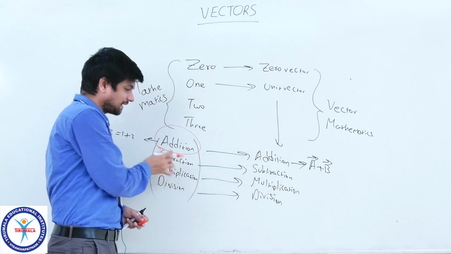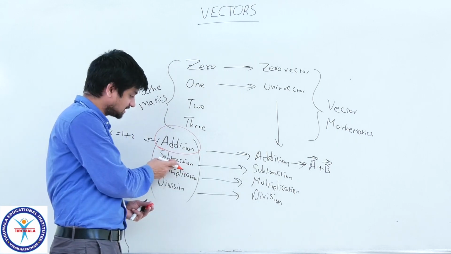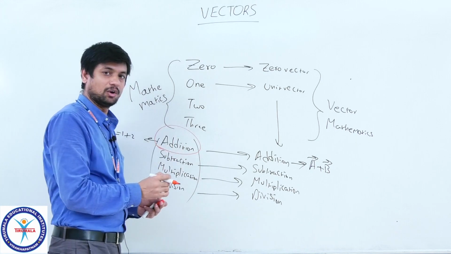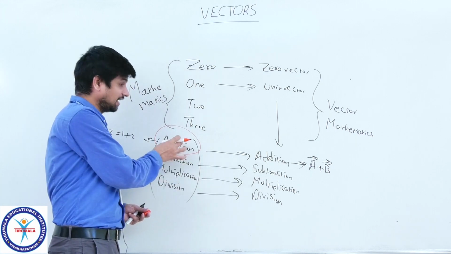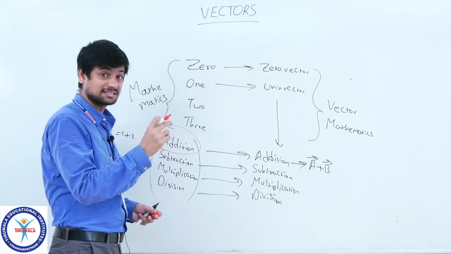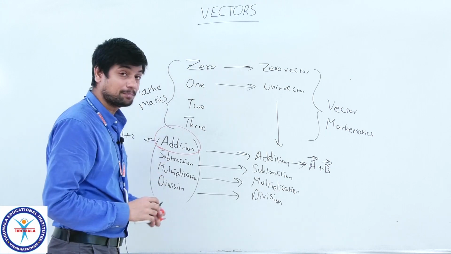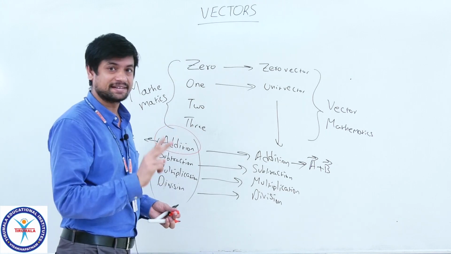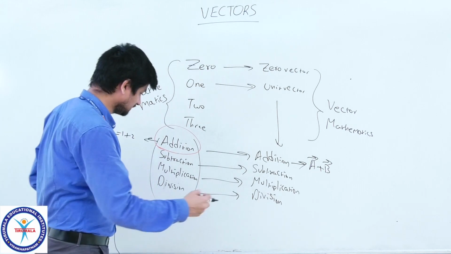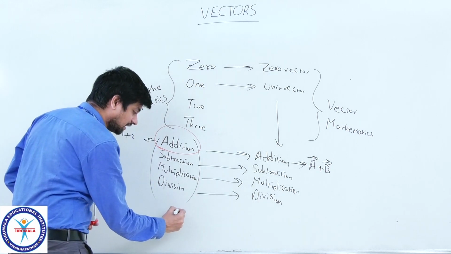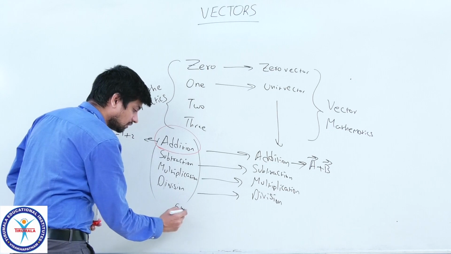Coming to subtraction, we thought it is different from addition. But in the summing view, we are adding two values of different direction.